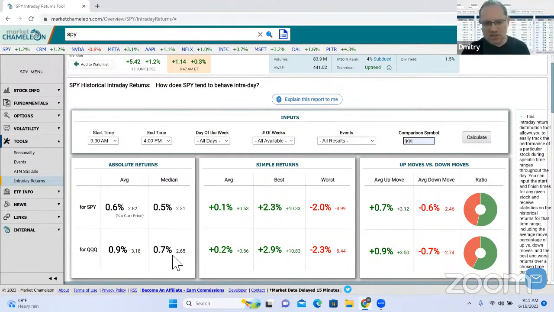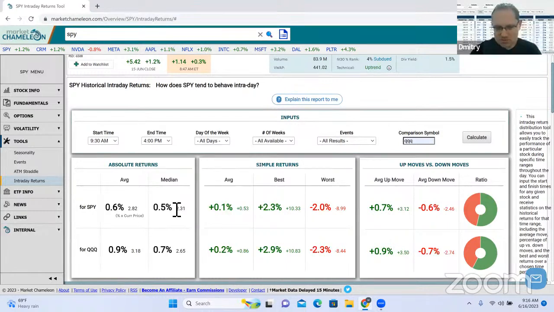So this is giving us an indication not only that QQQ is more volatile, has bigger percentage returns, but now we could visualize and quantify by how much, right? Now we could get a sense of, well, it's about 0.2%, 0.3% more volatile than the average SPY. So now we got that frame of reference.